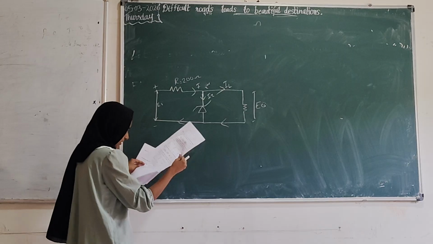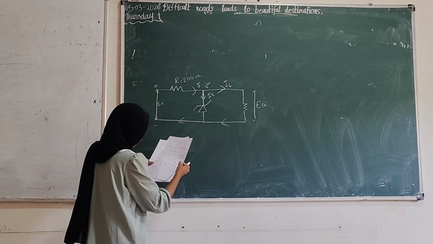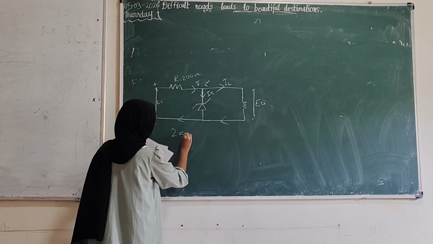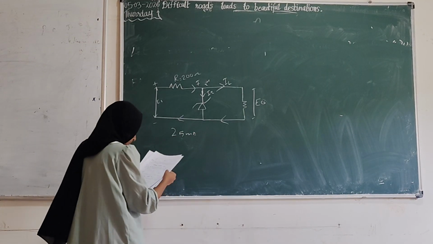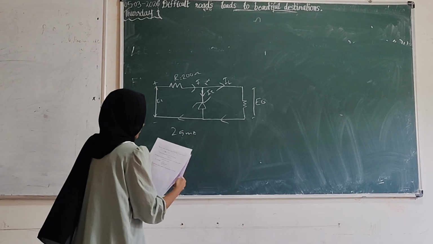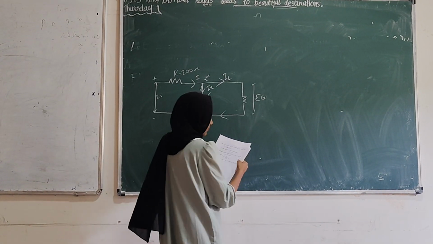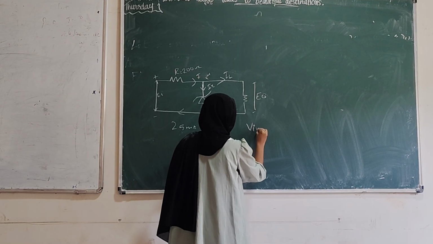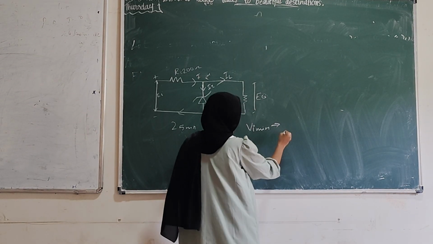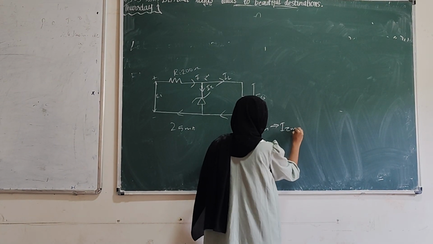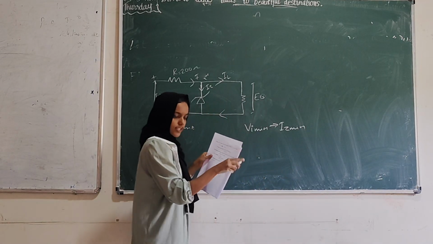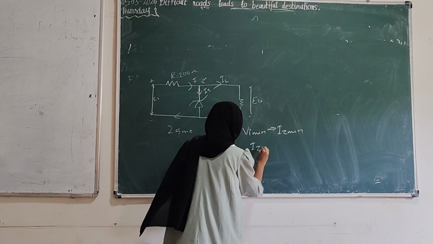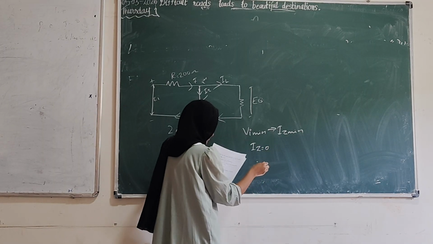So here it is mentioned that zener current rating is 25 milliampere. First we want to find the minimum voltage. We need the IZ minimum, so we consider IZ minimum as 0.